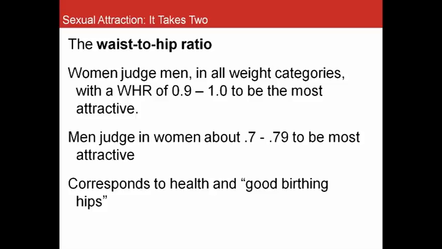When we've gone back and measured the hip-to-waist ratio in several famous paintings, we find that the hip-to-waist ratio, even though the models would be more full-figured by today's standards, was still about a 0.7. And the same is true of Marilyn Monroe. She was, I believe, a size 8 or 10, which would be considered not in line with what you see in magazines today. However, her hip-to-waist ratio, again, was a 0.7.